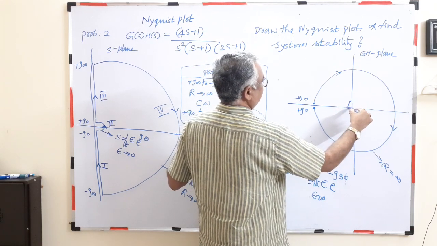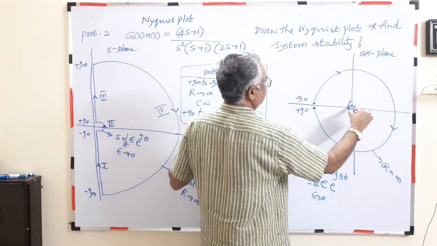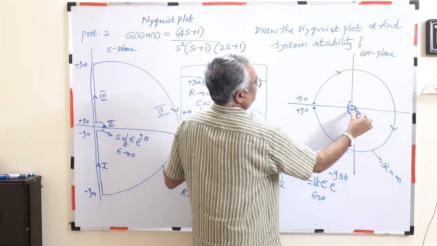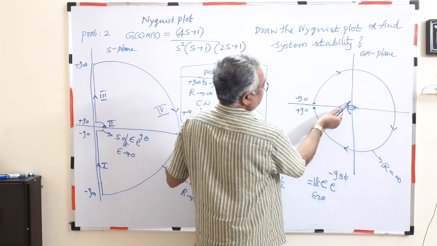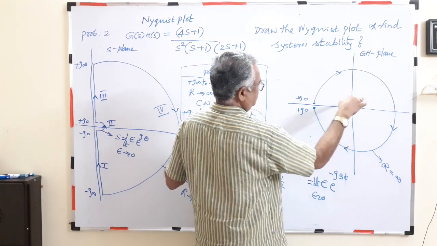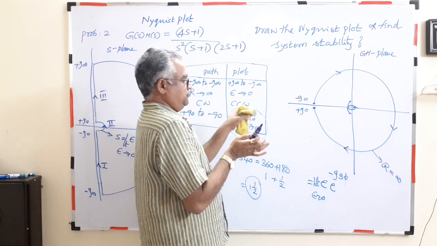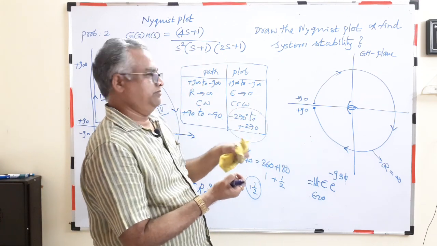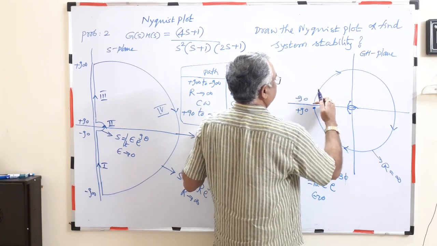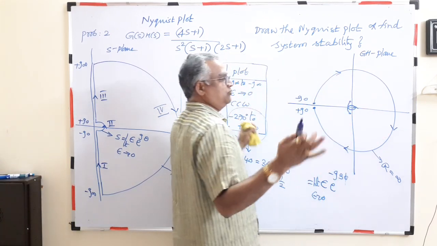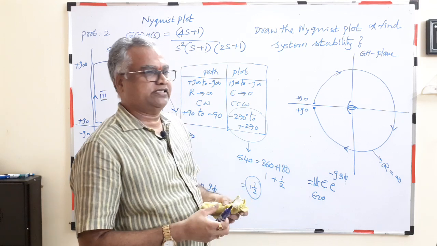So this is similar to the previous problem. It will come like this. This is the direction, counterclockwise. Actually, everything rotates at the origin. Just for understanding, it is expanded a little bit. You draw it as small as you can, or as big as you can, depending on the space availability.